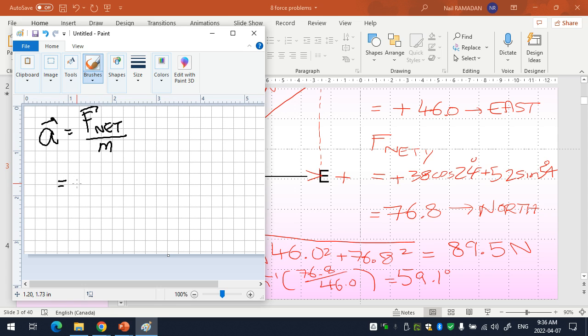Did we ever divide a vector by a scalar before? Remember kinematics? We did it a lot. Give me one of the equations in kinematics that was a definition of something by dividing a vector by a scalar. Yes, velocity is displacement over time.